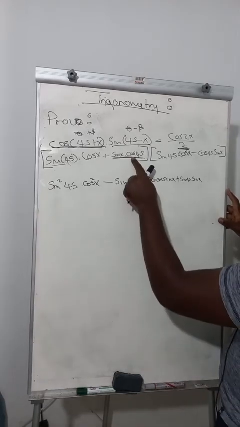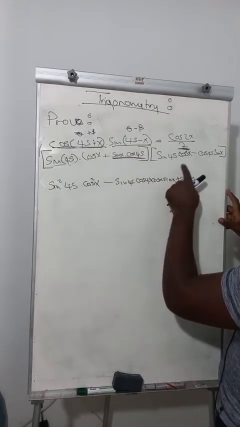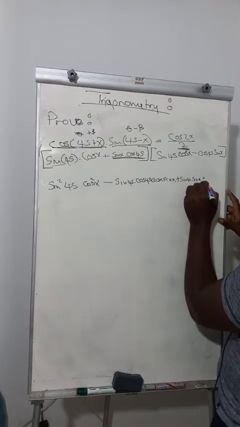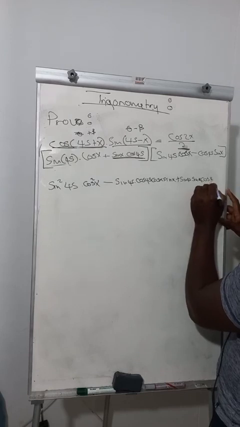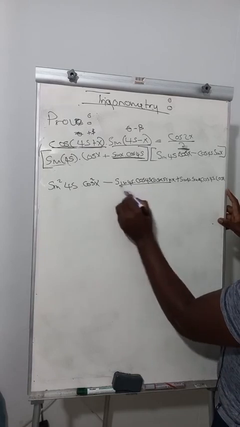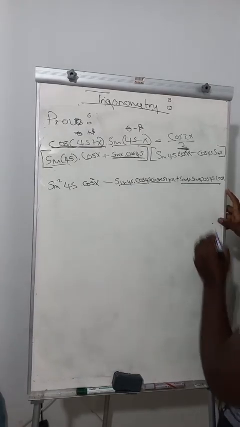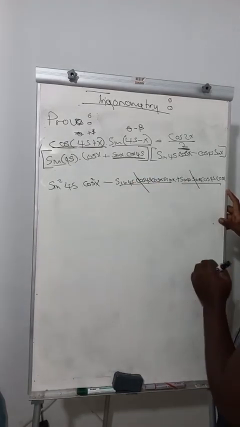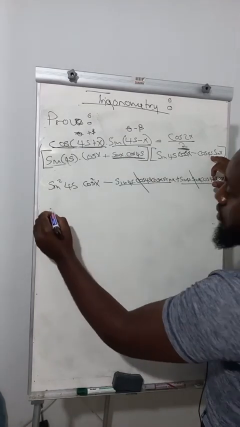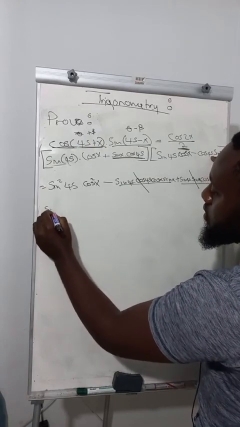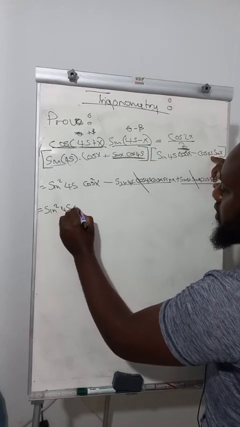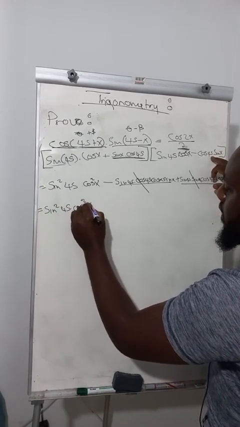And then cos 45 and cos x. Do you see that these two things here, they will just cancel each other? So this and this will come out, and then I'll just be left with this multiplied by this. So this is equal to sine squared 45 and then cos squared x.